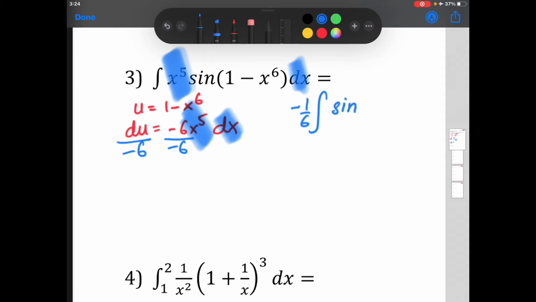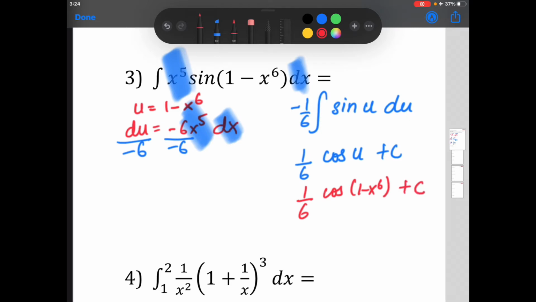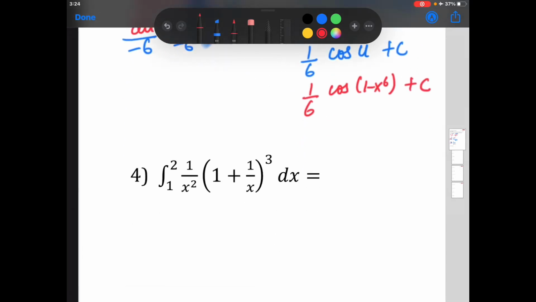I have sine of u du, right? What is the integral of sine of u? It is negative cosine, so two negatives make it positive, so it'll be 1 over 6 cosine of u plus c. Substitute your u back in, 1/6 cosine of 1 minus x to the 6th plus c.